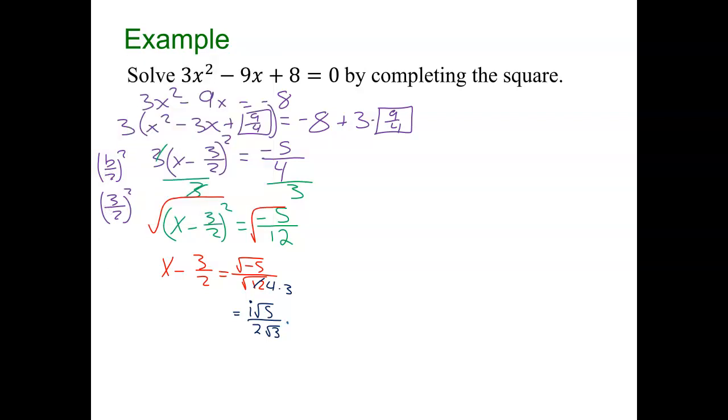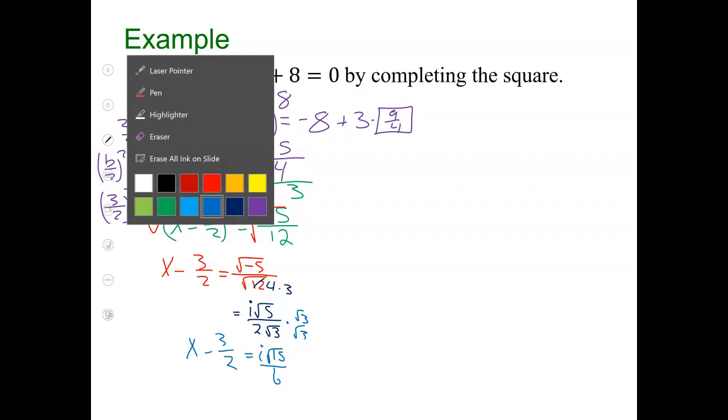We need to multiply top and bottom by the square root of 3. So we end up with i square root of 15 over 6. Square root of 3 times the square root of 3 is 3, times 2 gives me 6. So x minus 3 halves equals i root 15 over 6.